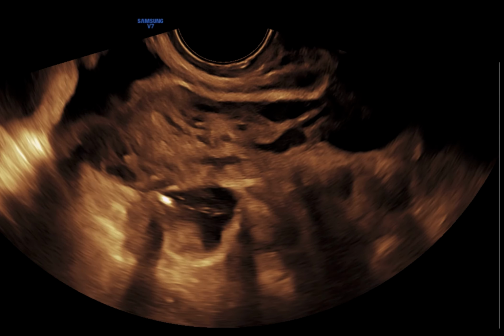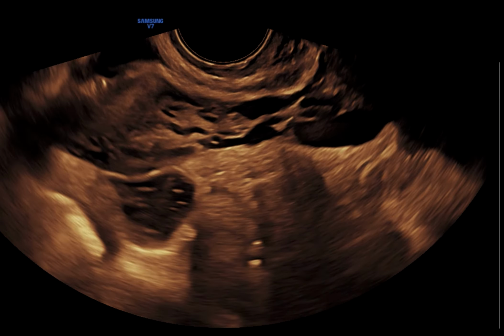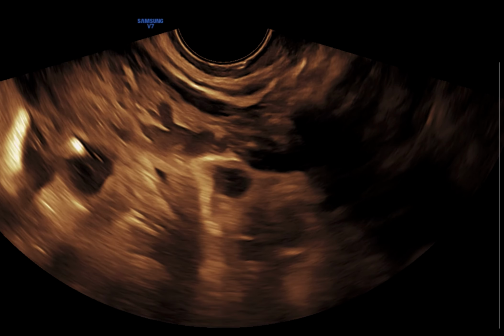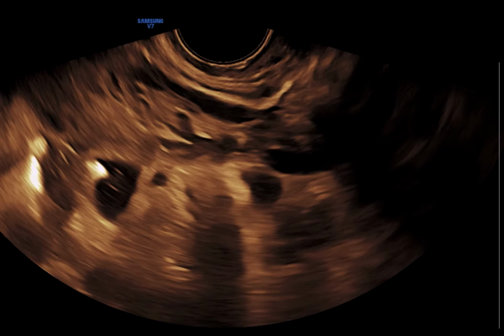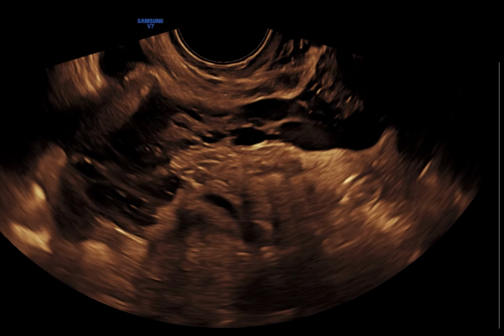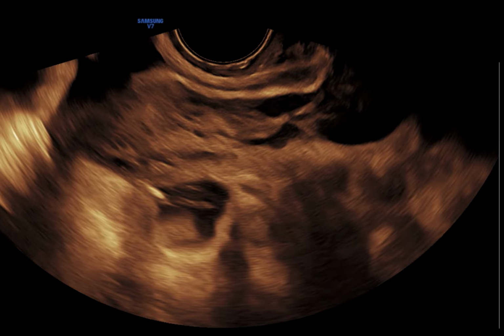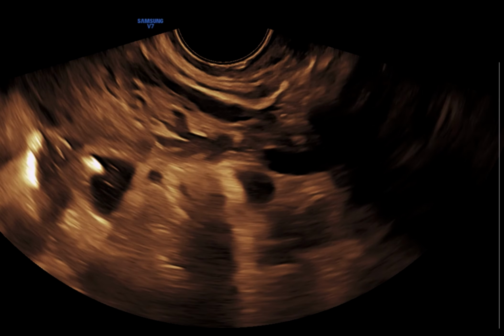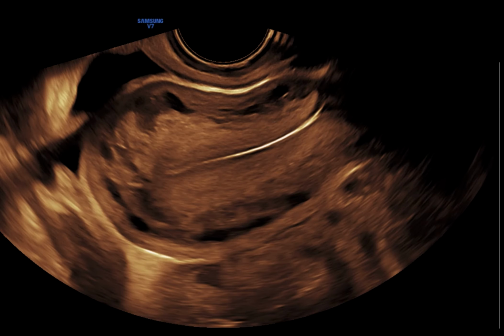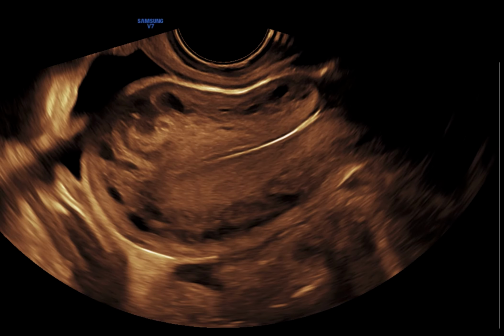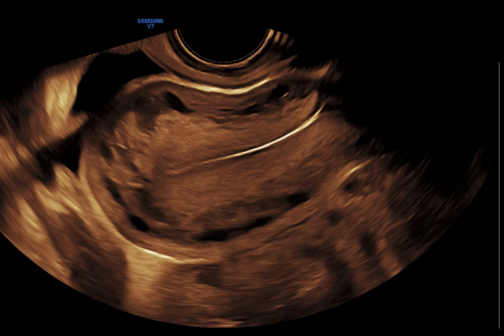And check this cine image. This is the parametrium. There are anechoic channels, anechoic structure in the parametrium, and see in the myometrium there is also anechoic tubular structure in the myometrium of the uterus.